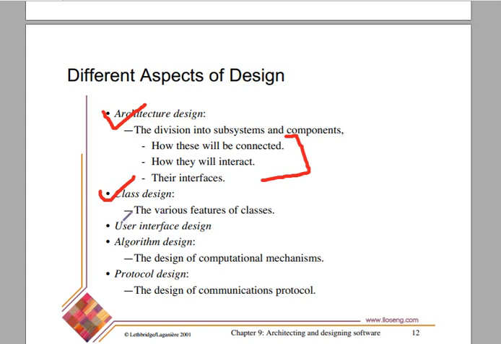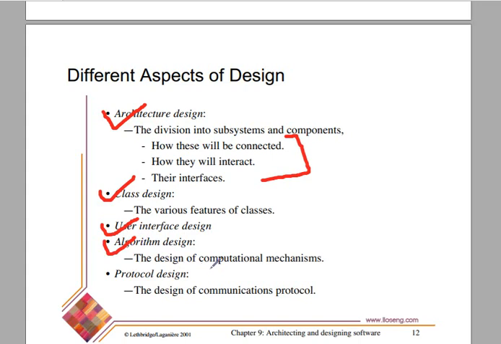UI design is a very big topic, right? In this, a lot of things can be covered. I'll come to this later on. In algorithm design, the major thing is how you are going to compute your solution; that is part of computational or algorithm design. Correct.